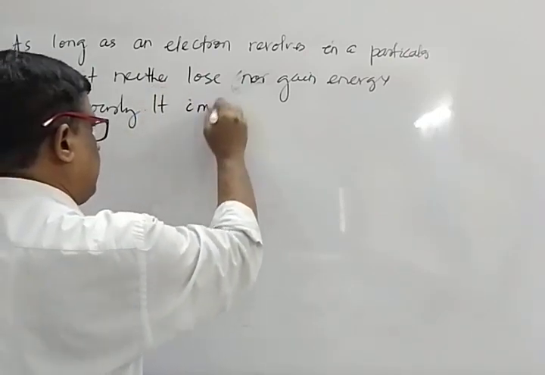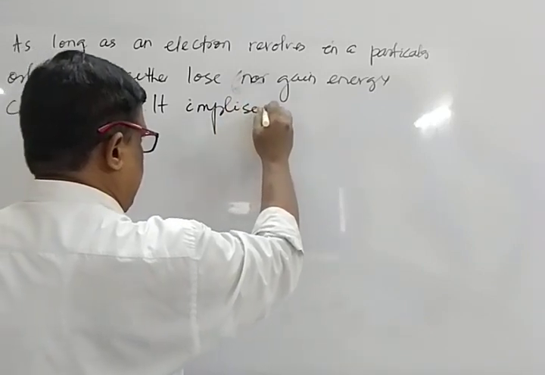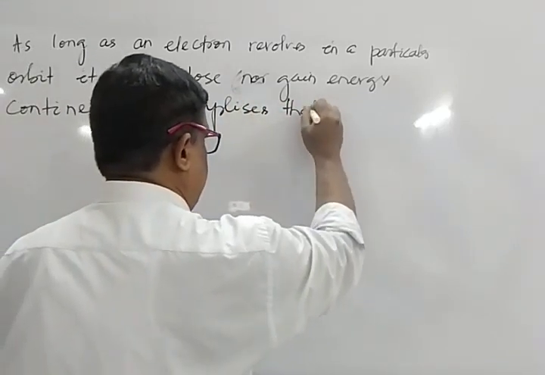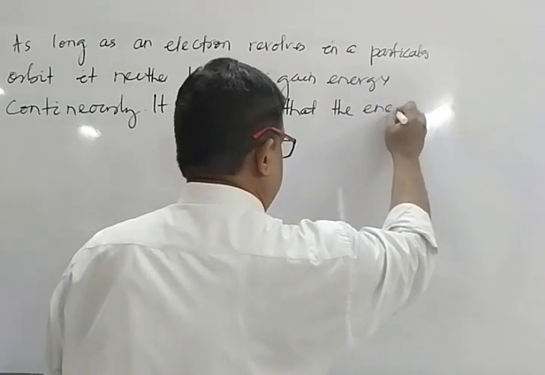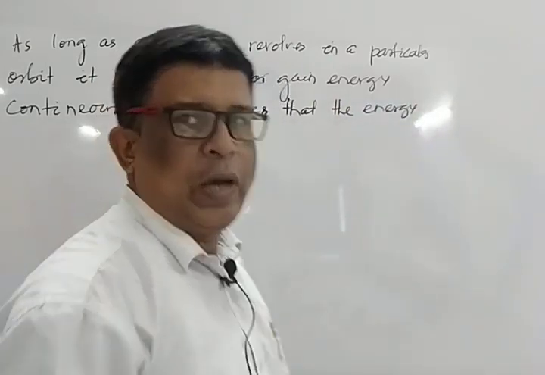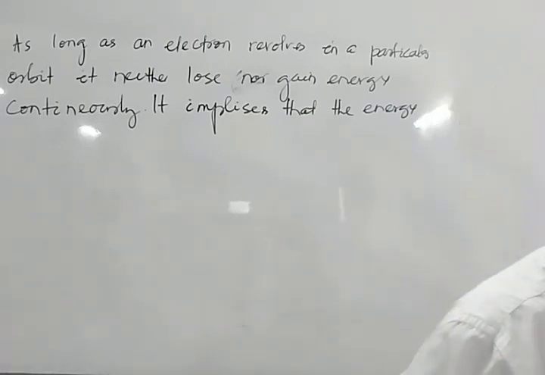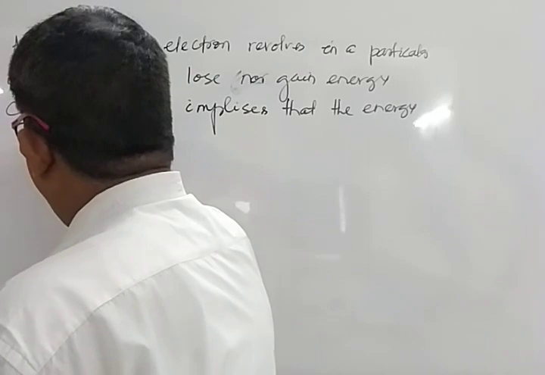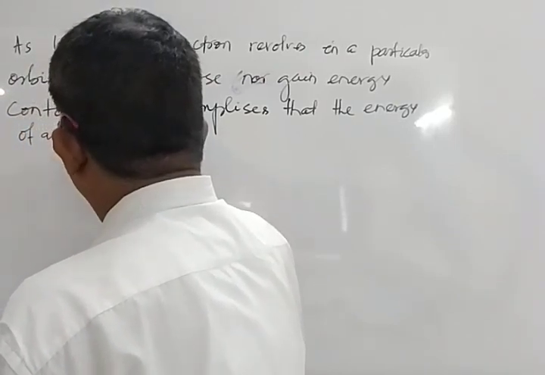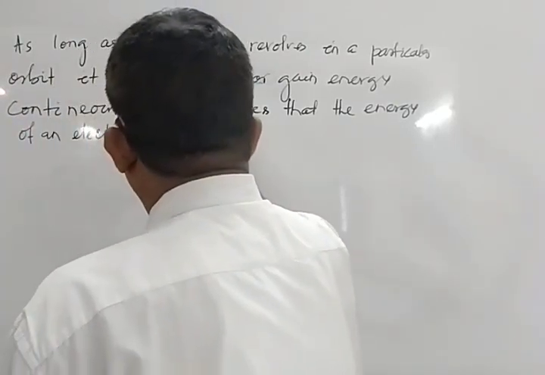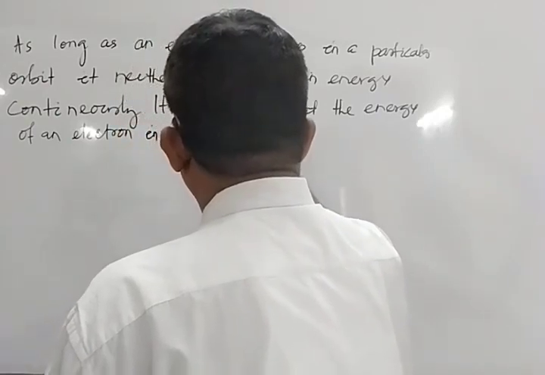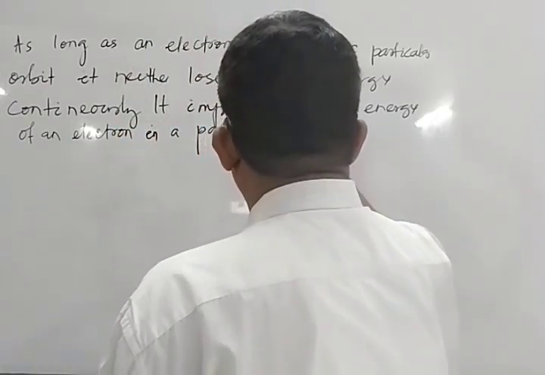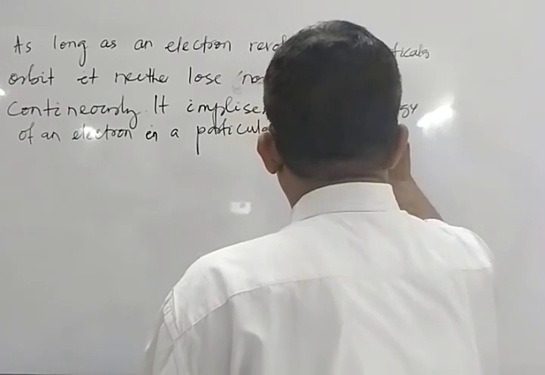It implies that the energy of an electron in a particular orbit, in a particular energy shell, remains constant.